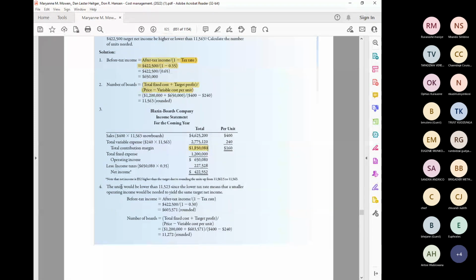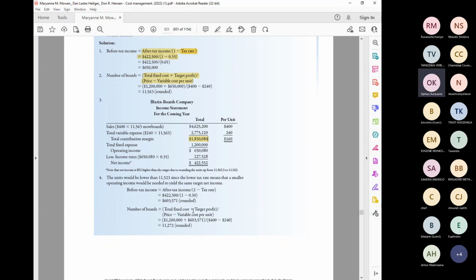After netting income tax, we get net income, which is 422,502. That's our comprehensive income. Note that net income is 52 higher than the target. It was because of rounding off. Go to 4.